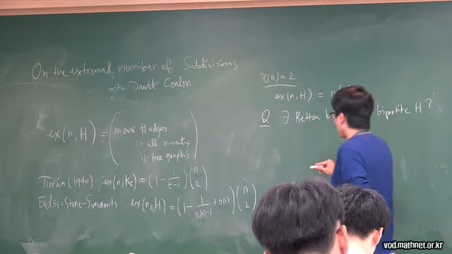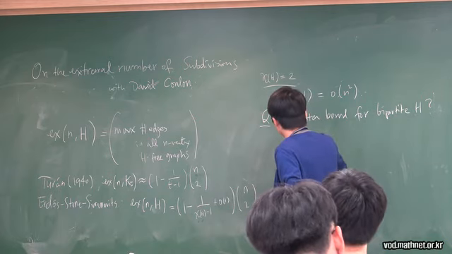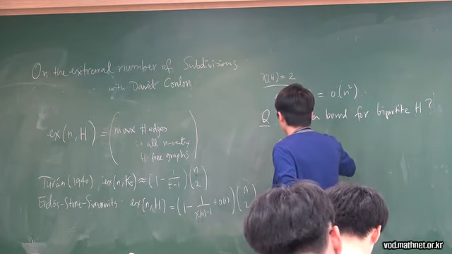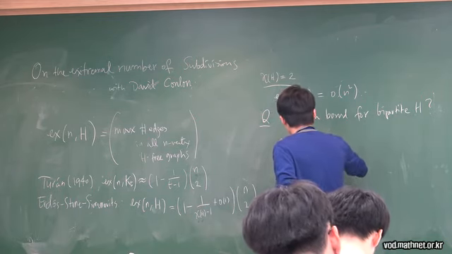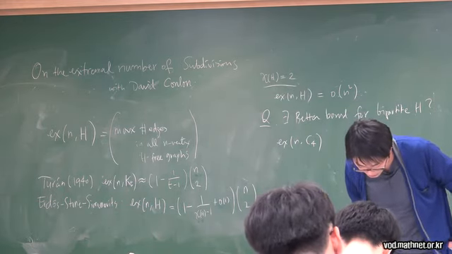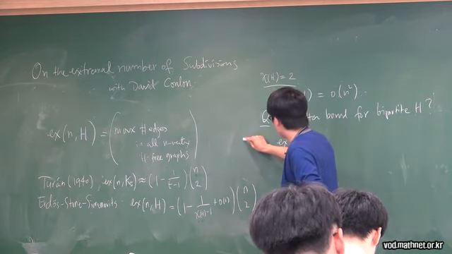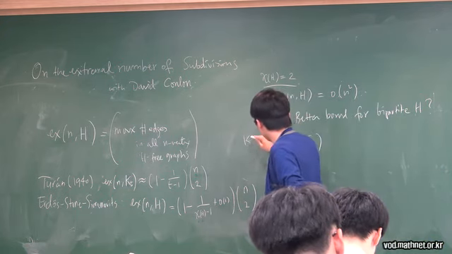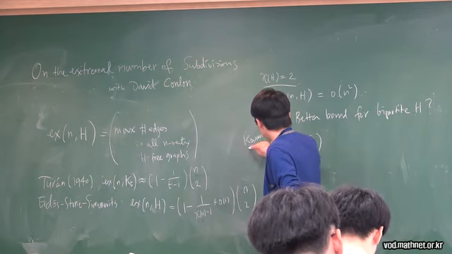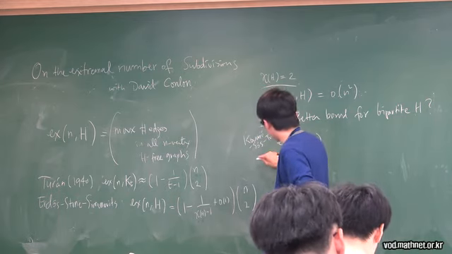Firstly, perhaps the most successful example is about the 4-cycle. For the 4-cycle, there are multiple references, but firstly Kővári, Sós, and Turán, and later Füredi.